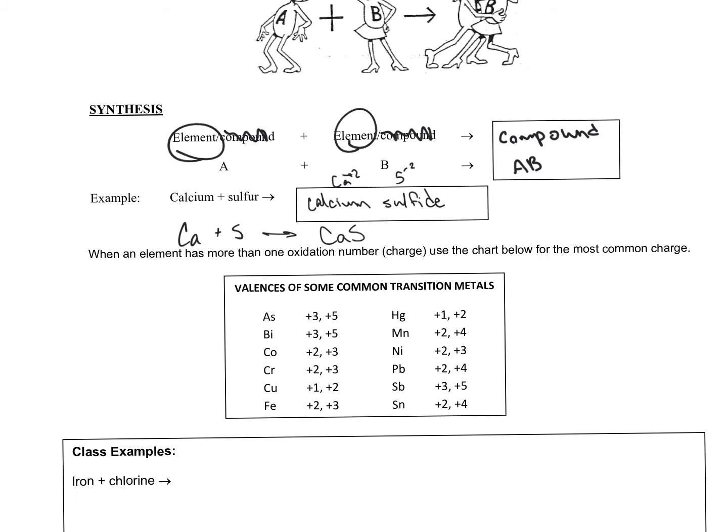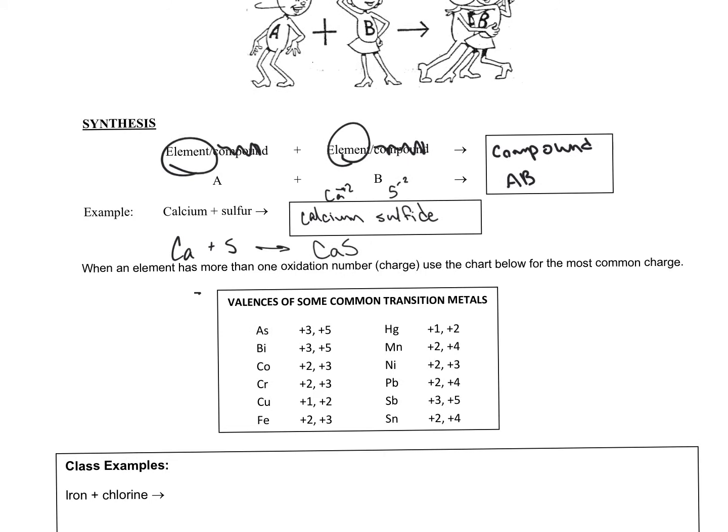If you must decide what the charge of a non-predictable metal is, on the back of your periodic table, you'll see a chart that looks like this one right here. Now, here, you'll notice that nothing is circled. On the back of your periodic table, they are circled for you.